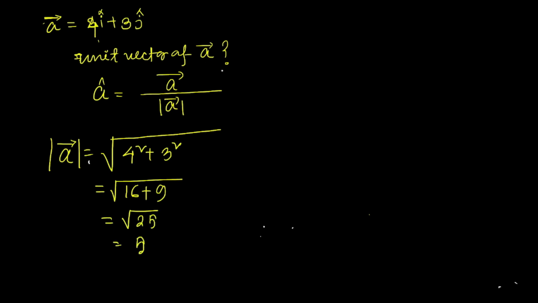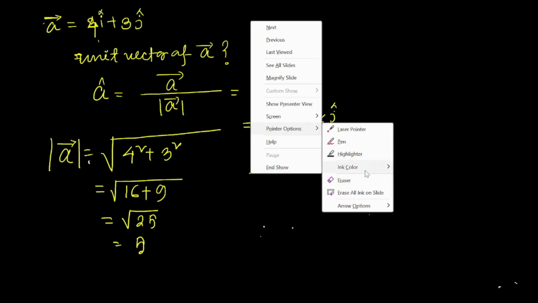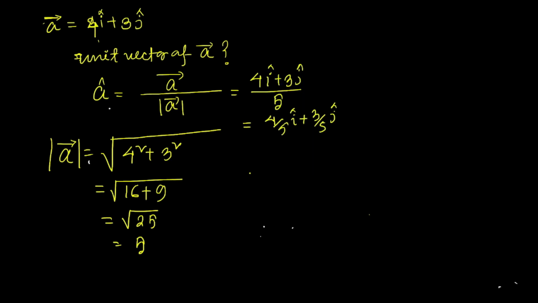Now if we put this in the formula, the vector is 4 i cap plus 3 j cap and its magnitude is 5. So the unit vector is 4 by 5 i cap plus 3 by 5 j cap. This is the unit vector of vector A.